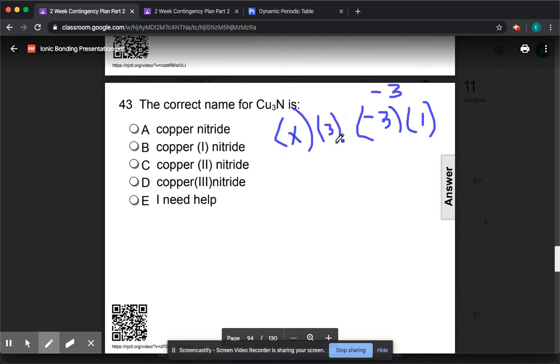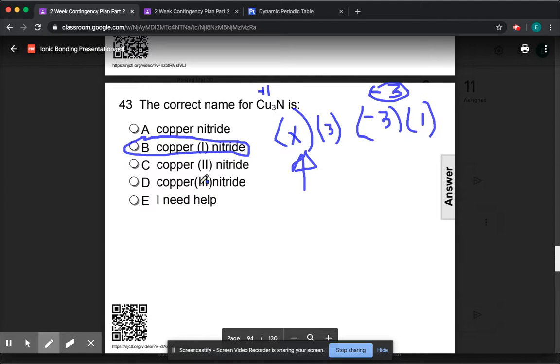If we have 3 coppers, what does X have to be in order to cancel out this number? We need to cancel that -3. X needs to be 1. So if X is 1, that means the copper has a +1 charge. And if it has a +1 charge, then it would be copper 1. It is copper 1 nitride.